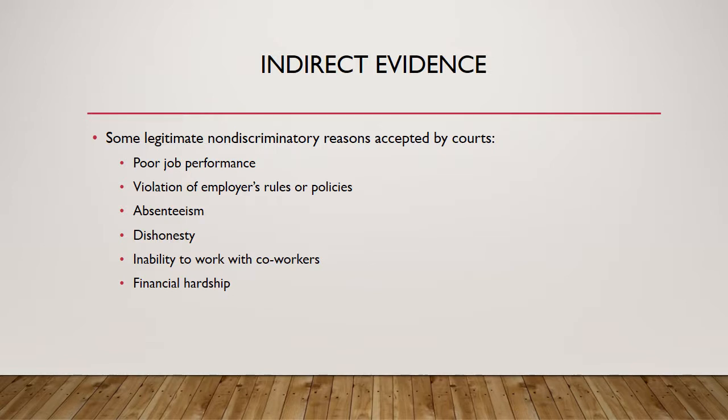If you've got a safety rule and someone violates it, and violation of the safety rule usually results in termination, that's a legitimate non-discriminatory reason that's not connected to a protected class. Absenteeism, dishonesty, inability to work with coworkers, financial hardship, all of these are reasons that are legitimate and non-discriminatory.